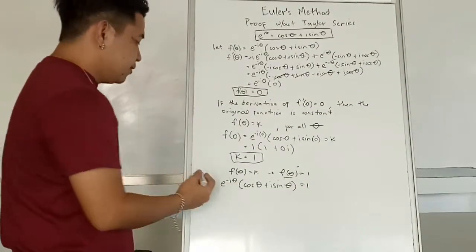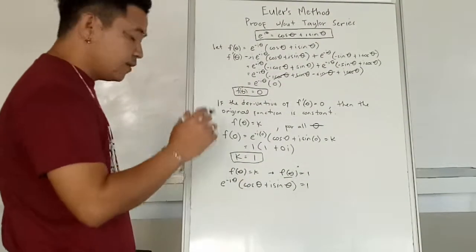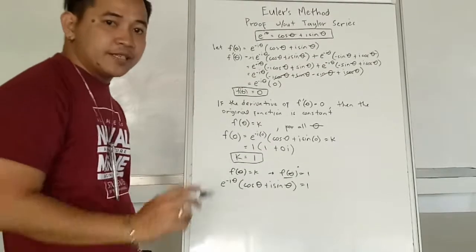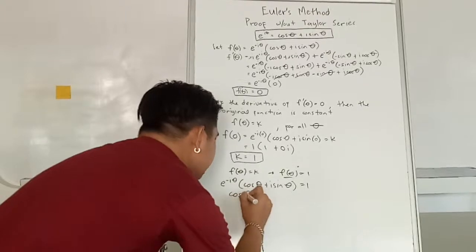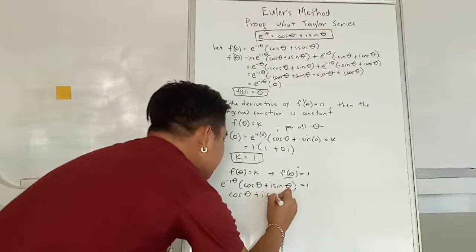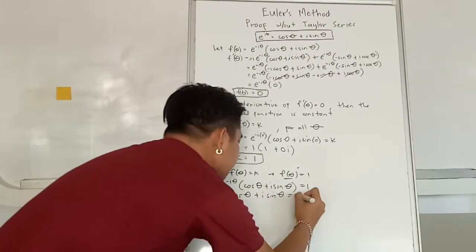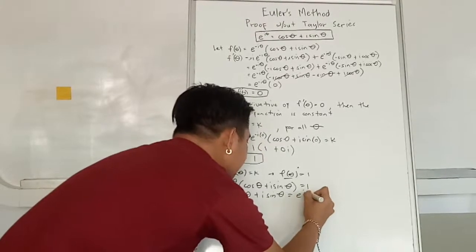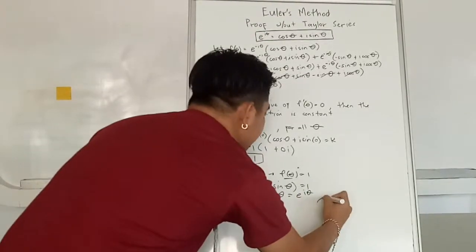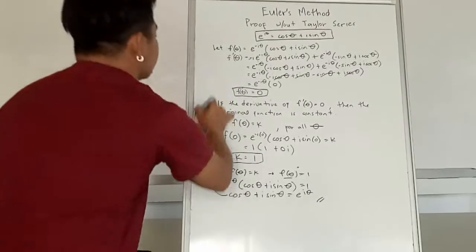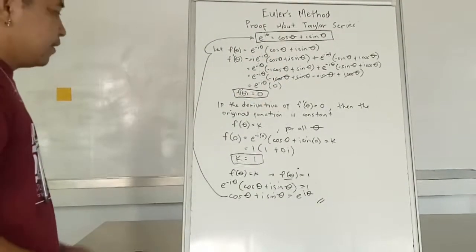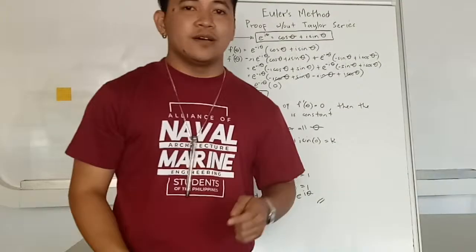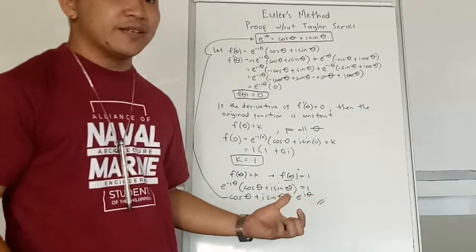So we multiply both sides by 1 over e raised to negative I theta. So we get cosine theta plus I sine theta is equal to e raised to I theta. So from here, we get the formula same as here, and we get the Euler's identity from this formula.